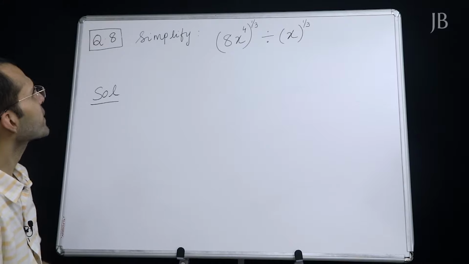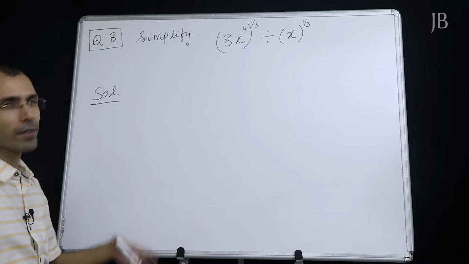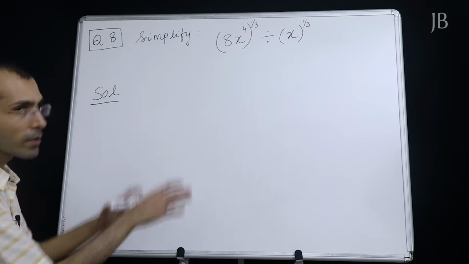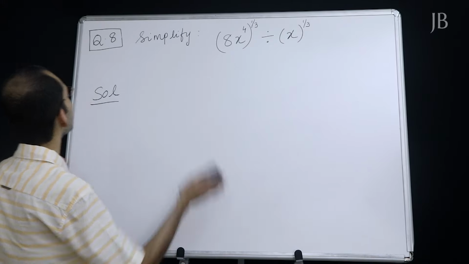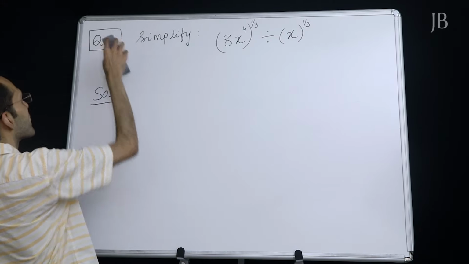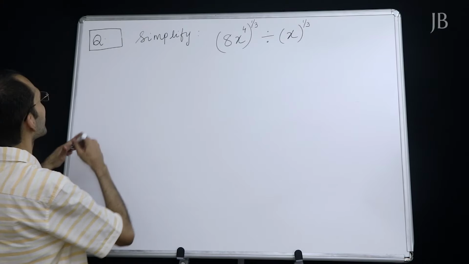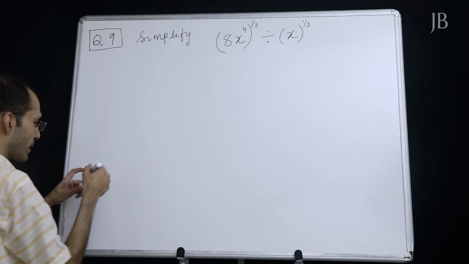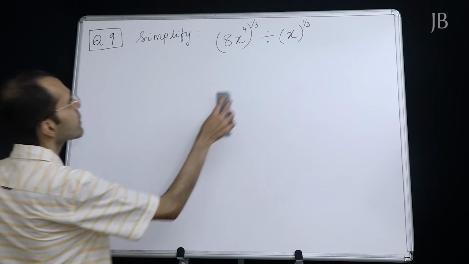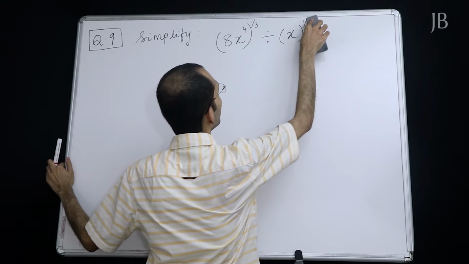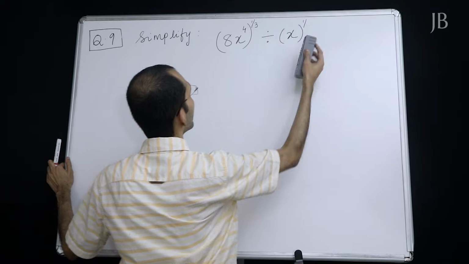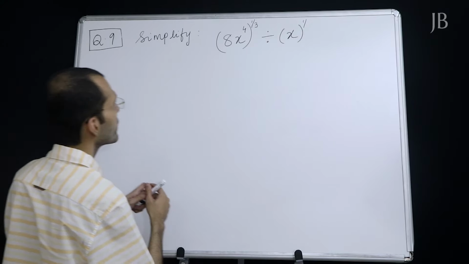So let's do one thing now. Instead of taking this sum in a different way, let's make the power only different. We will now take this as question number 9. Question number 9, simplify. Let's make it 1 upon 5 and see how the sum now behaves.